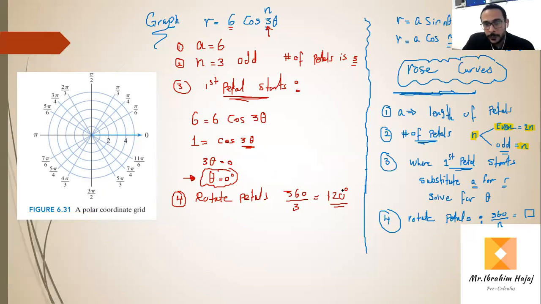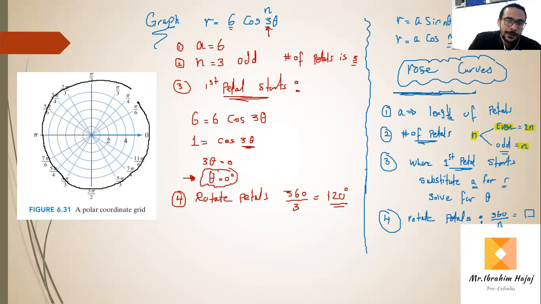Let's make it black. Let's say we start from what? A is 6. So we are working on the circles: 1, 2, 3, 4, 5. So I have to draw one more circle, the sixth circle. Okay, and then we start from what?